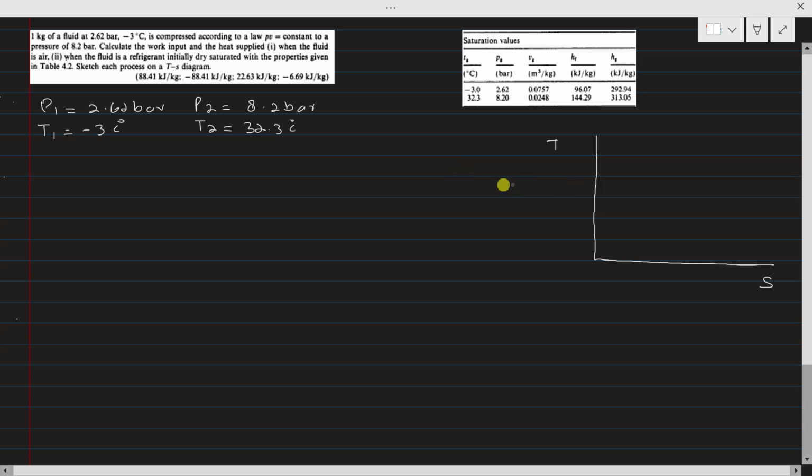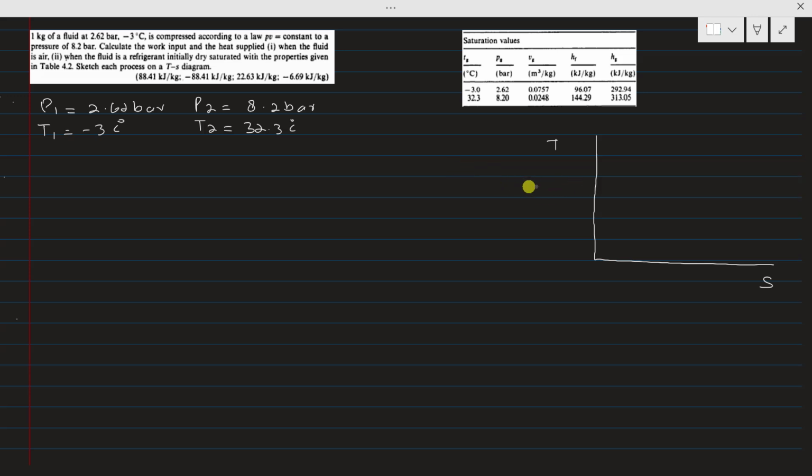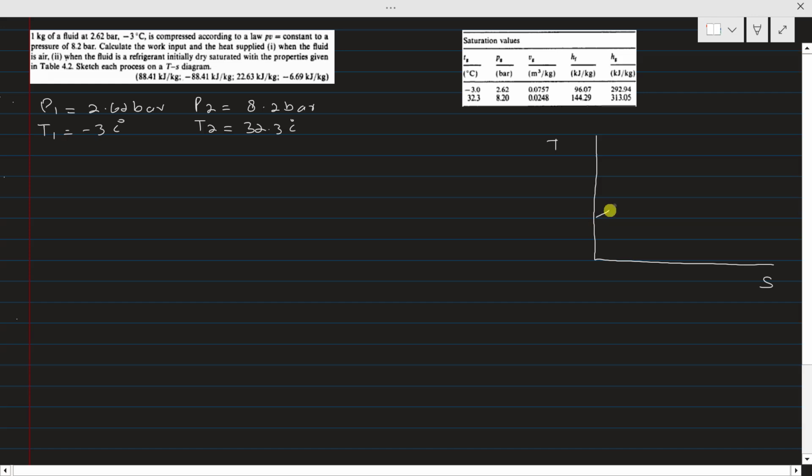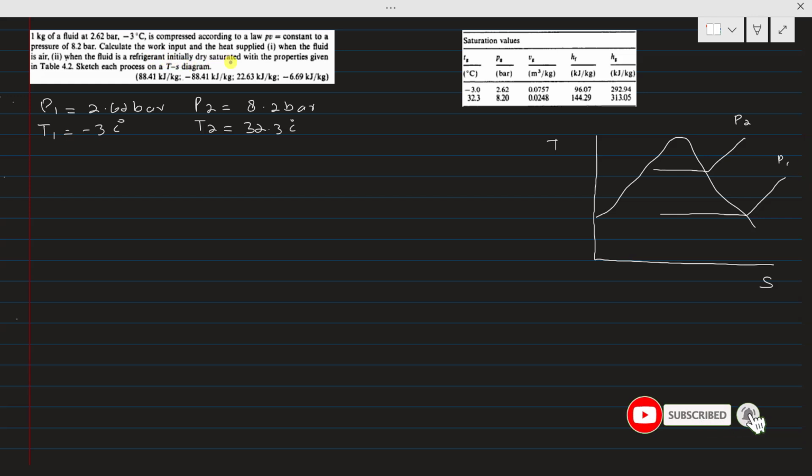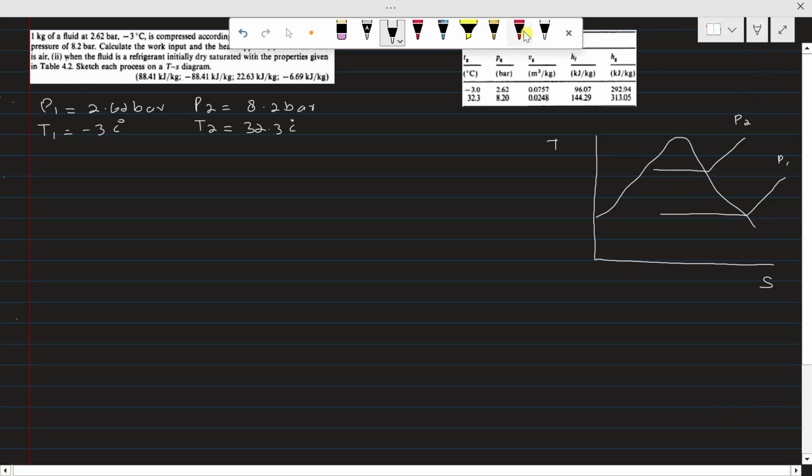Remember, when a refrigerant is initially dry saturated, there is a dome shape. This is the high pressure line, this is the low pressure line. This is the pressure P2, this is the pressure P1. As it is clearly mentioned that the refrigerant is initially dry saturated, our state point 1 lies at this point in the saturated region, dry saturated at the pressure P1.